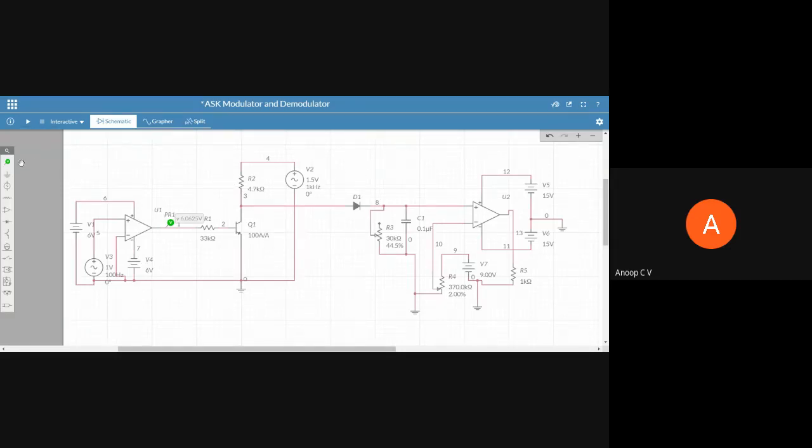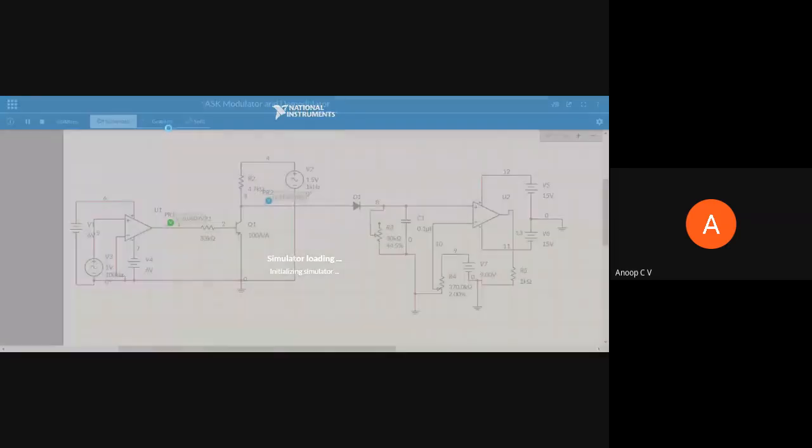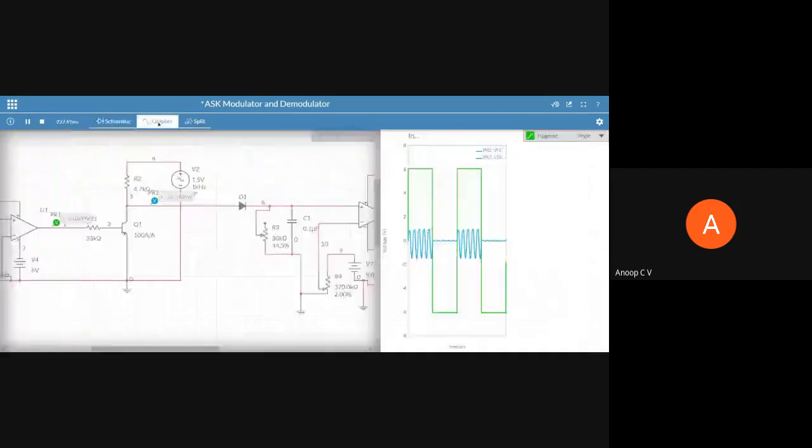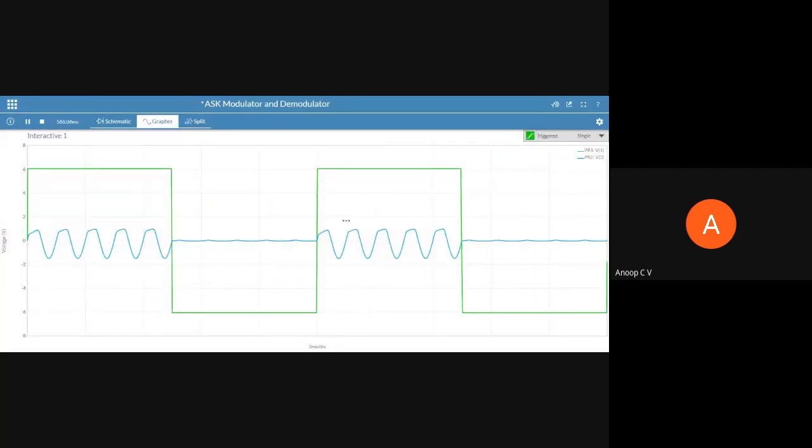So now we'll observe the modulated output. For each, we have to use a probe. So, the modulator output. The one in blue will be the modulated output.